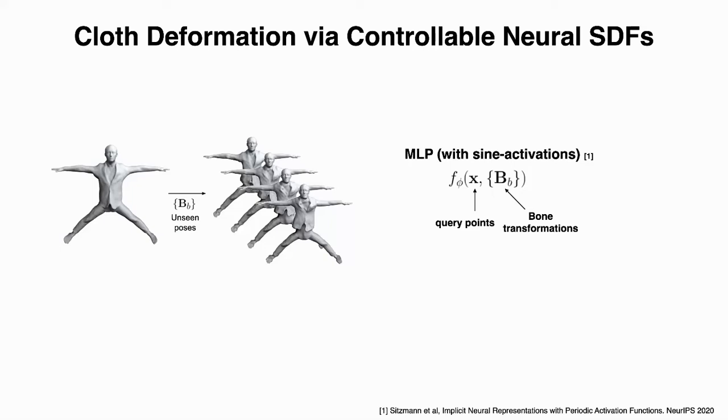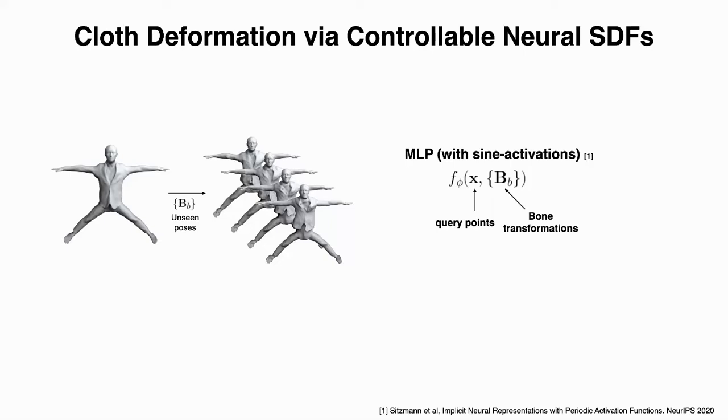Here we assume f is an SDF function to represent the shape. This function f produces an SDF value for each coordinate point x. A naive solution to model a controllable clothed human surface is to learn a conditional MLP, or multilayer perceptron, which takes coordinate points and the target poses as inputs and predicts signed distance values.